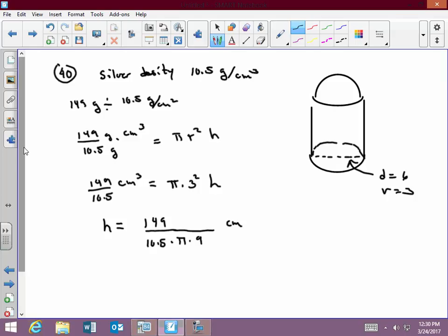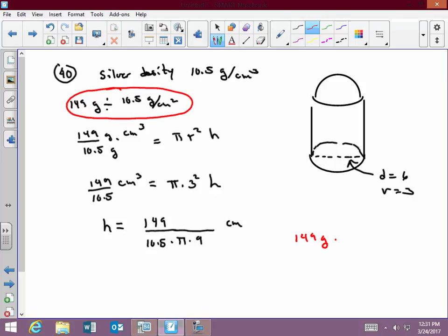To get volume alone though, wouldn't you have to multiply both sides? So if I take this thing right up here, I'm dividing by the density into the weight of the object. And if it's silver, see, 149 grams is what it weighs. So I invert and multiply.